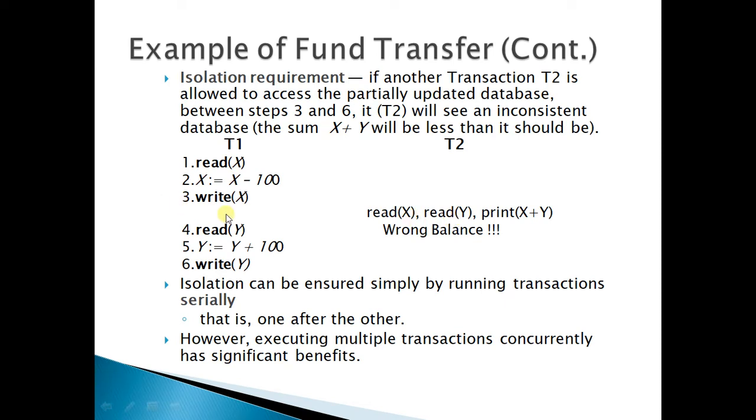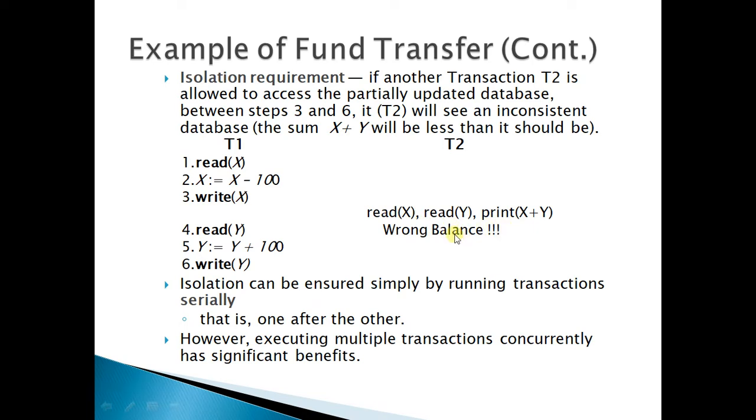It has happened because in between of this transaction T1, another transaction was allowed to access the same data items. This situation is called concurrency, that T1 and T2 are running and their operations are mixed because of CPU scheduling: the first three operations are executed here, then the next two operations of the other, and then again. Since this transaction was not finished, 100 was deducted but not added to Y, and in between the other tries to read this value.